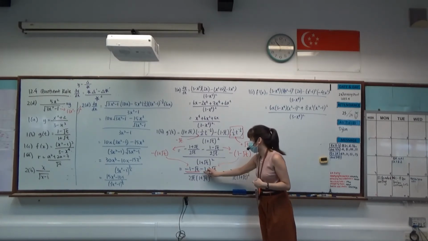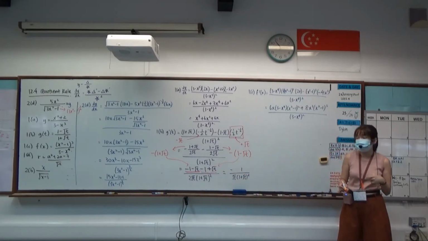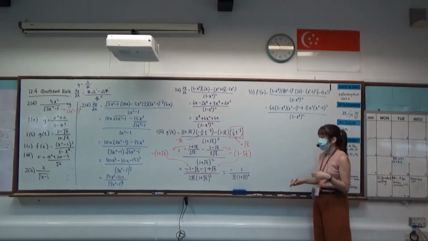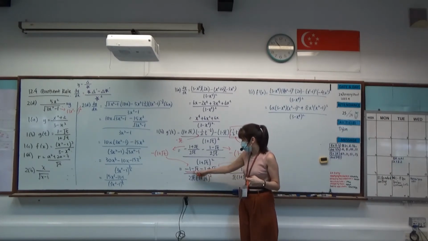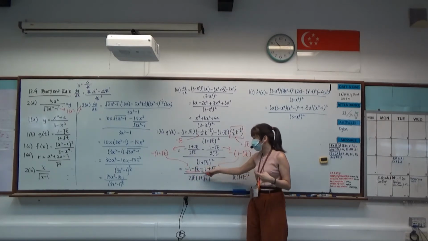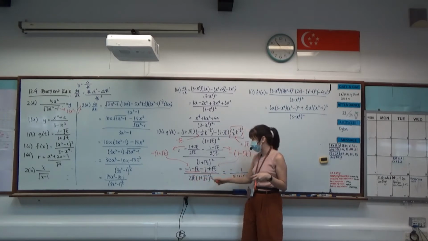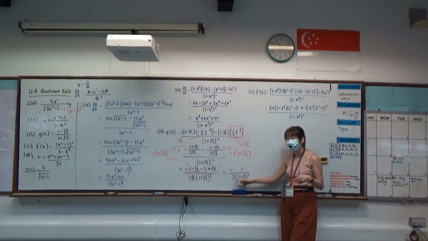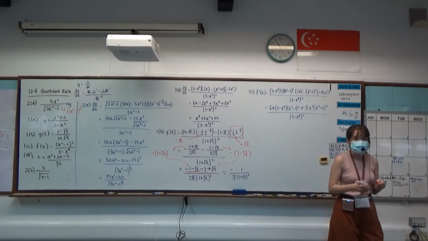So these are common algebraic mistakes that could be made. Then negative 1 gives us negative 2. Negative square root t plus square root t is 0. So with the negative 2 and the 2 in the denominator, I cancel that out. That's why I get negative 1 over square root t times 1 plus square root t squared.